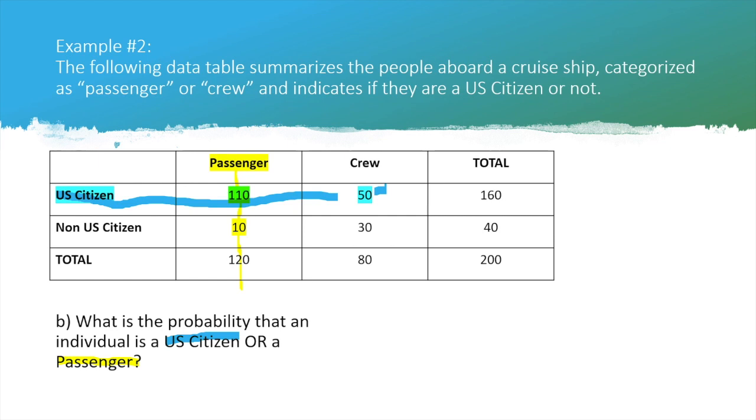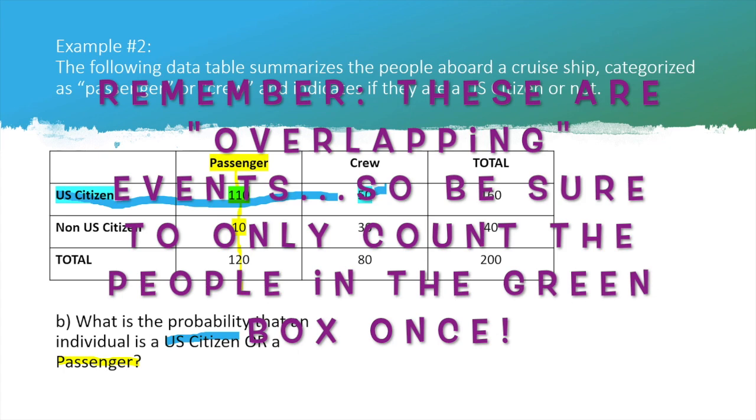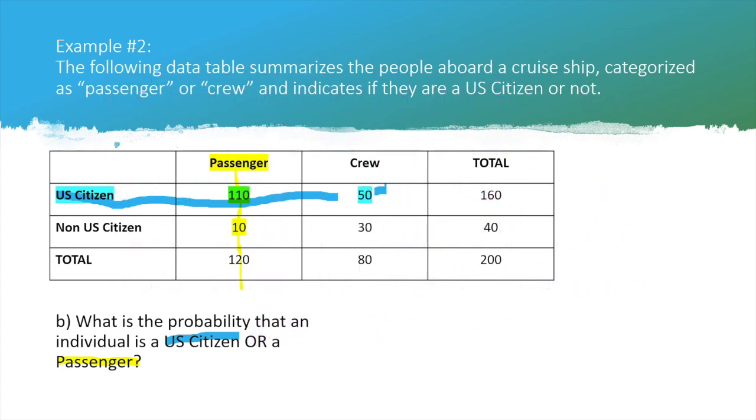So when I add these up, I'm going to take all the passengers, so I have 110 plus 10, or 120 passengers, and then I have to include all the US citizens. So I have 160 US citizens, but I don't want to count these guys twice that are showing up in green here. So I'm just going to add up my passengers and then anybody that I haven't counted already, which would be my crew who are US citizens.